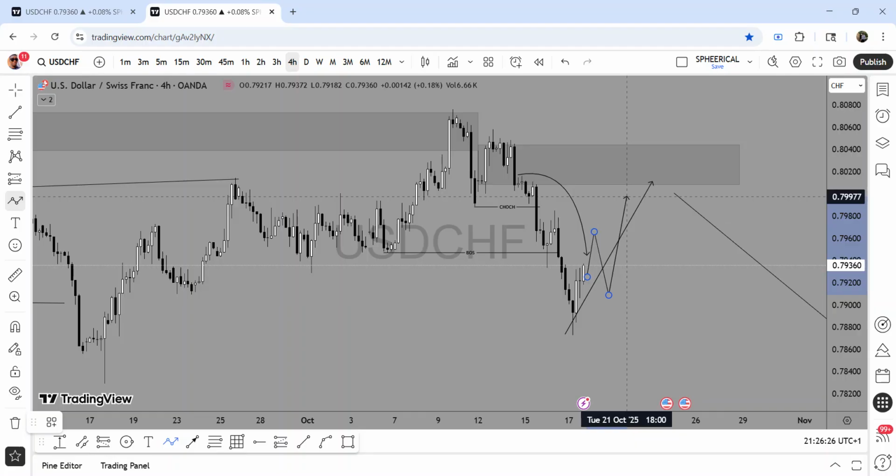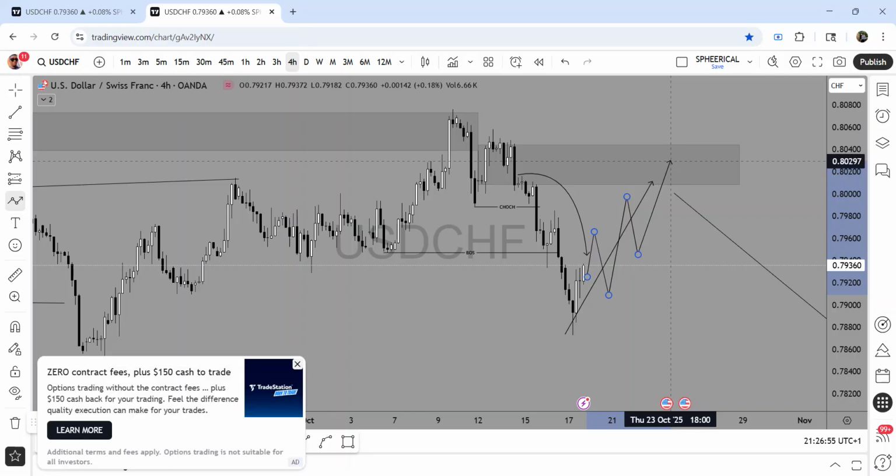By that time, people that entered here, the market will sweep them out to go to this point, then tap at this other block, then sell a bit, then move again to tap this last mitigation block and the other block. We have the mitigation block and the other block within the 1 day key level or 1 day POI. So this is what I might be expecting from the trade this week.